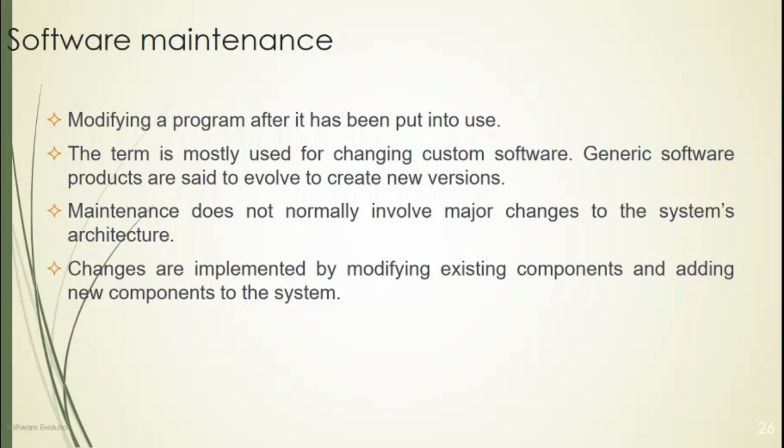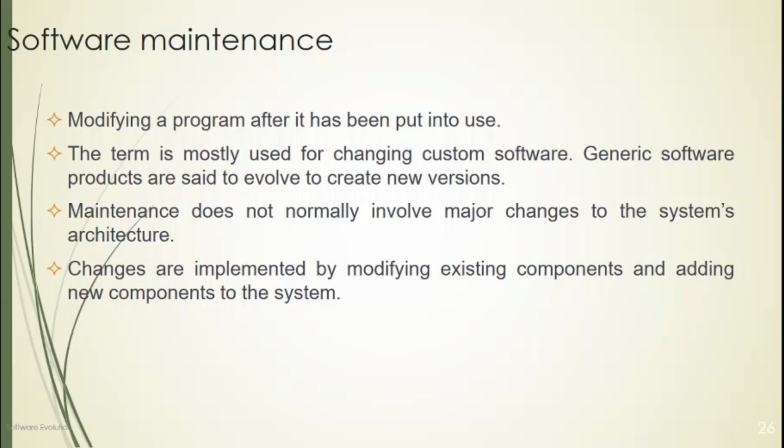Modifying a program after it has been put into use is called software maintenance. The term is mostly used for changing custom software. Generic software products are said to evolve to create a new version. In the beginning itself, we saw custom software as well as generic software. Generic software is the product which is sold openly in the market, and custom software is the product which is designed only for a specific user.